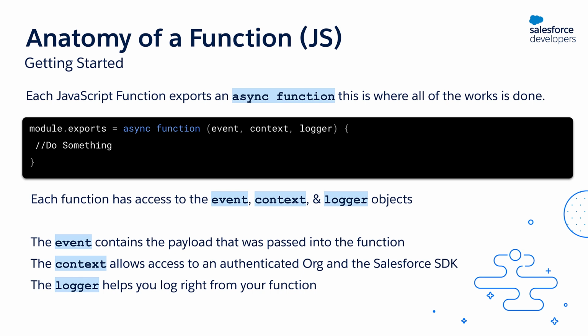The event contains the payload that was passed into the function. This is going to be the input of the function. The context allows access to an authenticated org and the Salesforce SDK. And the logger helps you log information right from your function to the Salesforce Functions log that you can later connect to a log drain.